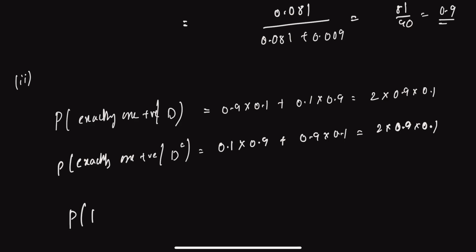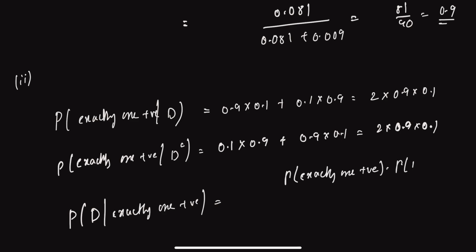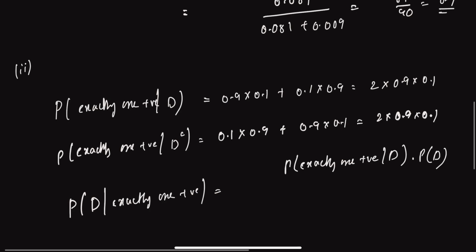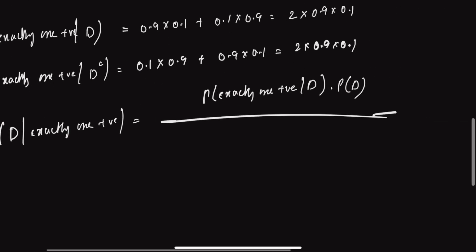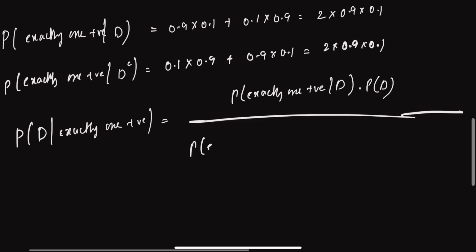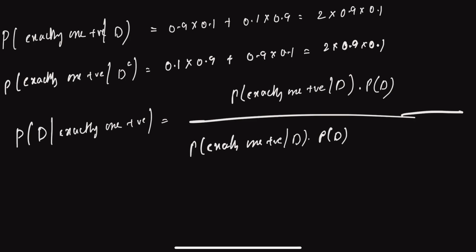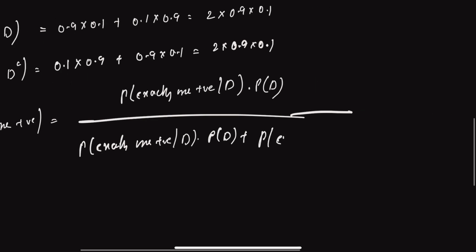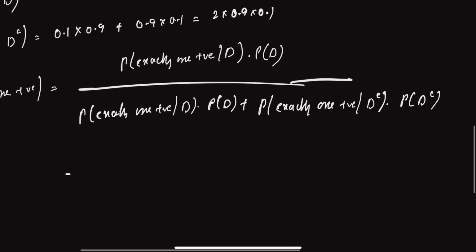So therefore the probability of having the disease given exactly one positive is the probability of exactly one positive given the disease into the probability of disease, divided by the probability of exactly one positive given the disease into the probability of disease, plus the probability of exactly one positive given no disease into the probability of no disease.